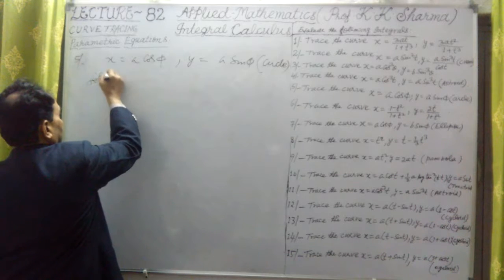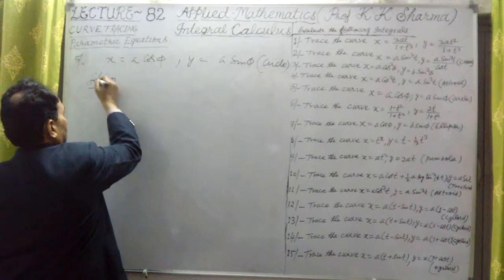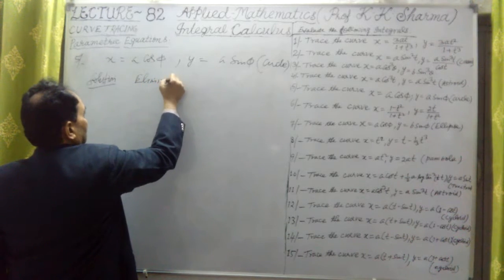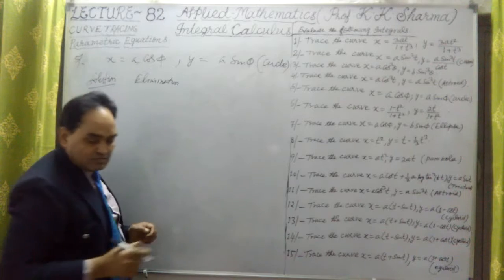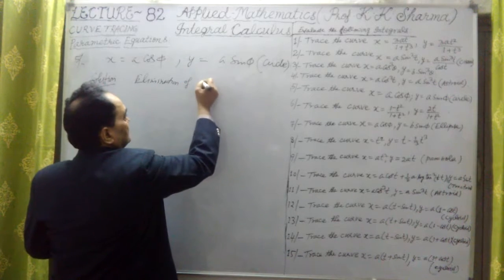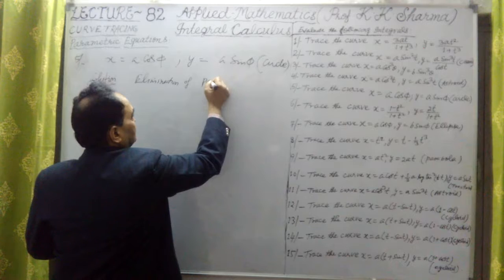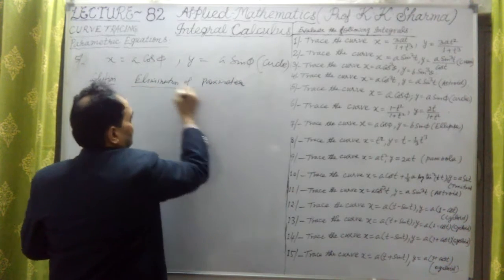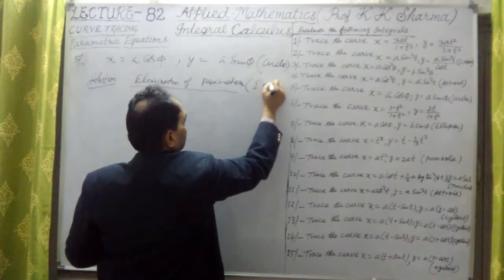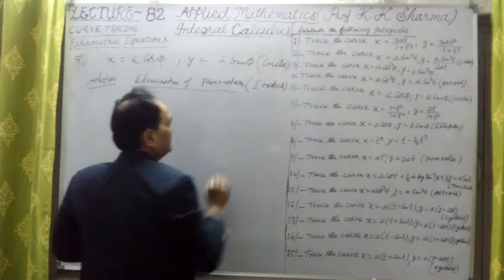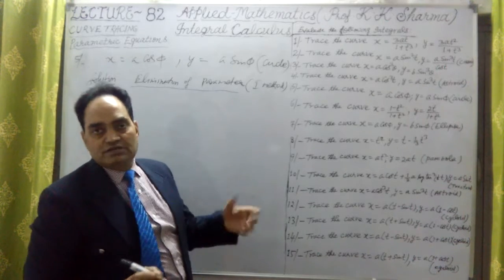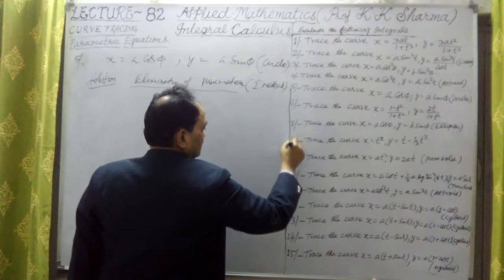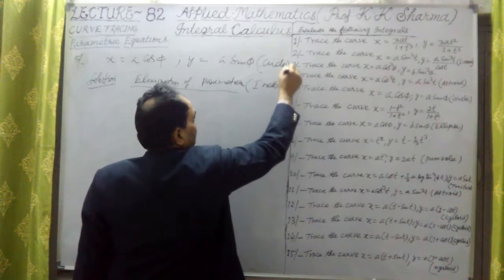Solution: eliminating the parameter. Let me write elimination of parameter. The first method we are using here again. So applying the first method, elimination of parameter, converting that into Cartesian form or Cartesian equation, and then we will solve it the same way as we did the previous questions.